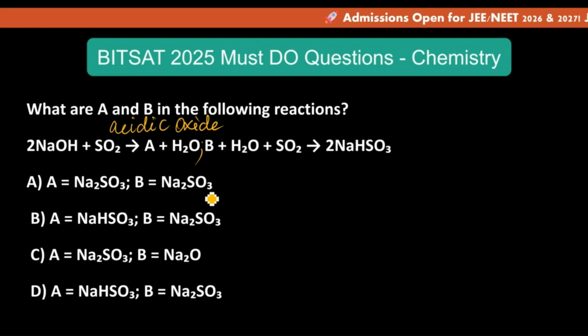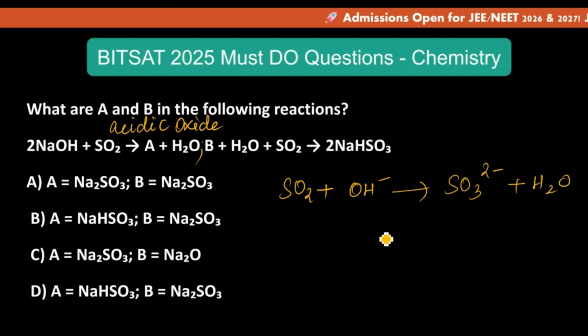So SO2 plus OH minus from NaOH will give you SO3 2 minus plus H2O. So in the options you can see SO3 2 minus, which is Na2SO3. That is there in option A also, option C also.